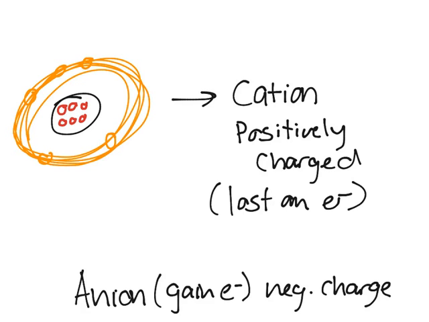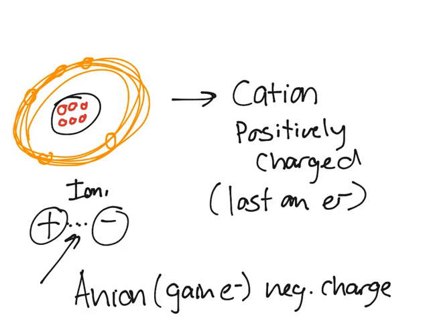So cation, positive. And so an anion and a cation, since they're differently charged, one positive, one negative, are attracted to each other. Let's pretend there's a little bond there. That type of bond is called an ionic bond.